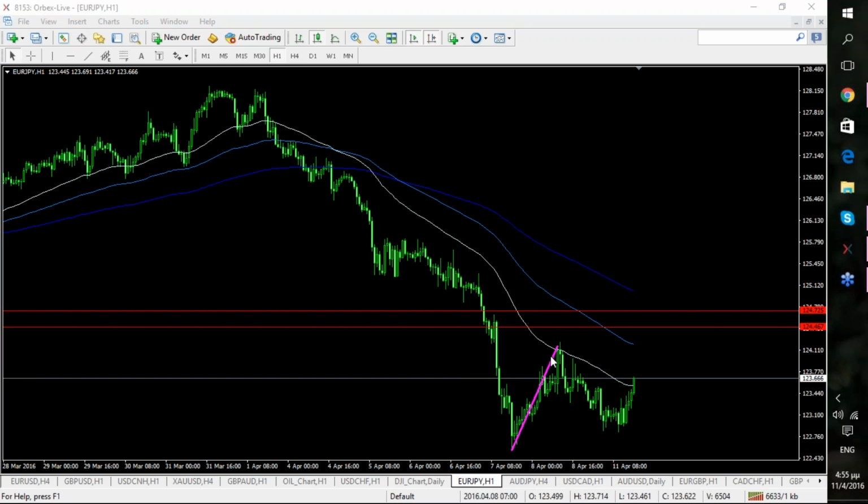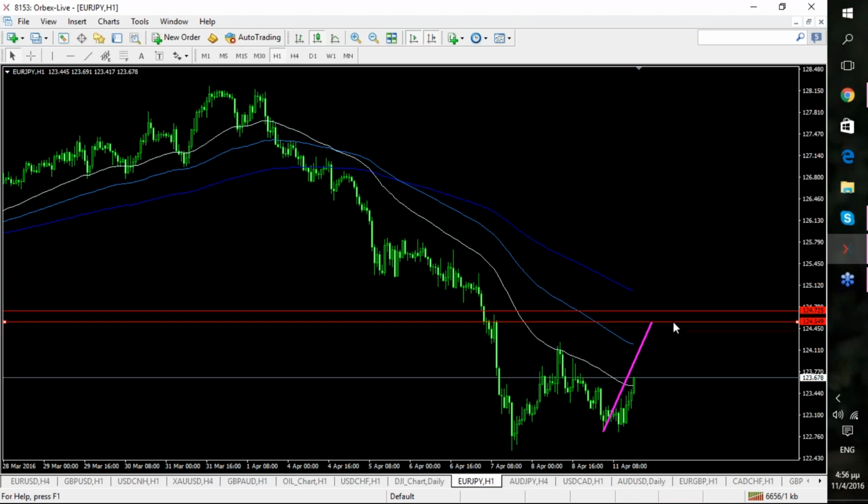Okay, now I'll just draw the ABCD, like that. Right, so we have got an area it's expected to rise up towards, which is this area here, at the 124.55 area. I'll get rid of that line.